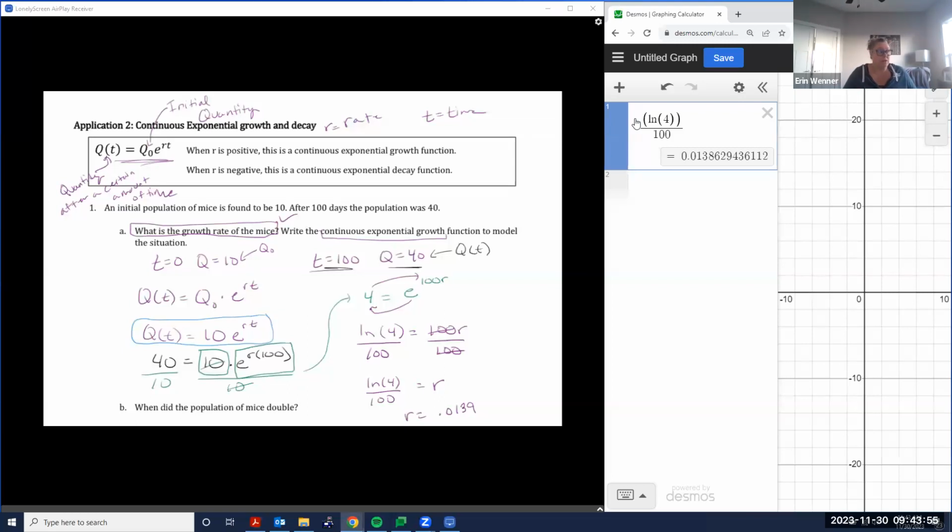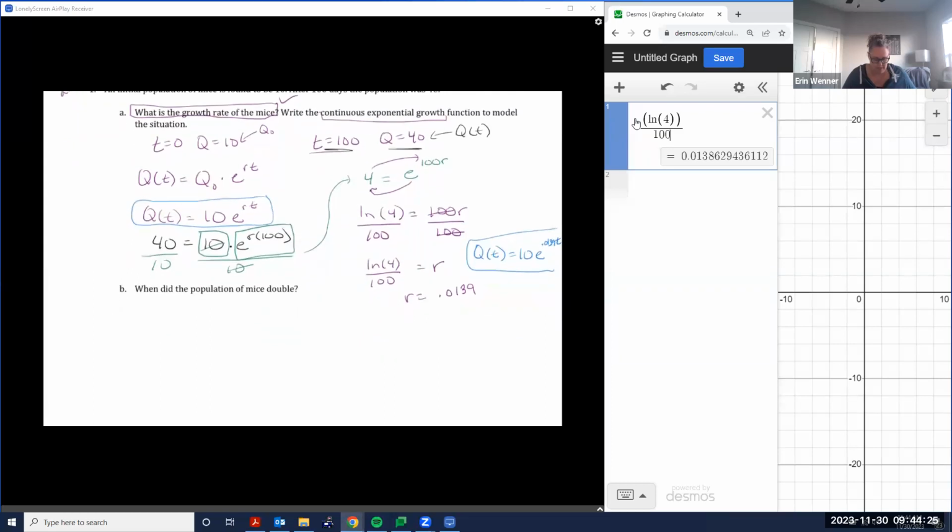So our final model is going to be q of t equals 10 times e to the 0.0139t. I know that's really squished up there. But that is our final model right here. And that's what we're going to use for the next part of this problem.